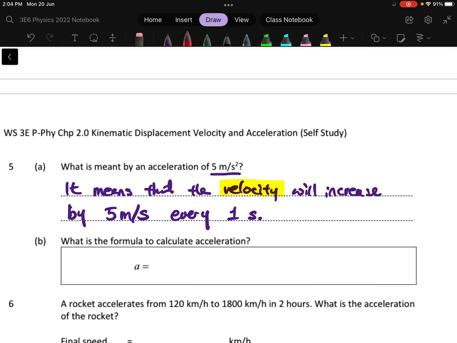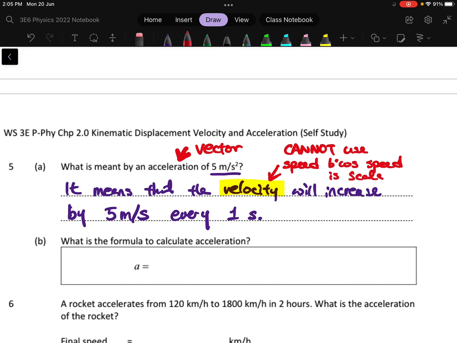Well, the reason is because acceleration is a vector quantity. So down here, you cannot use speed, and that is because speed is scalar, right?